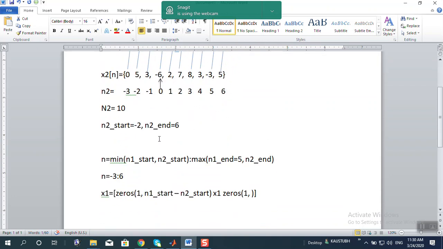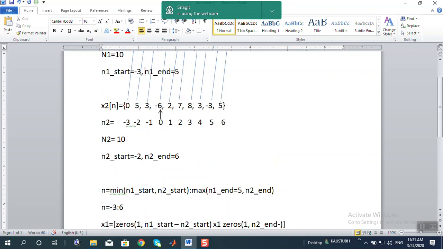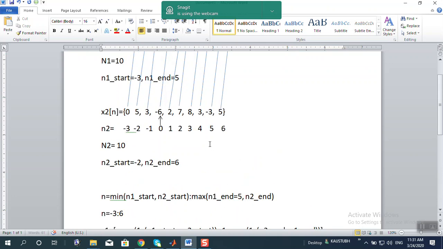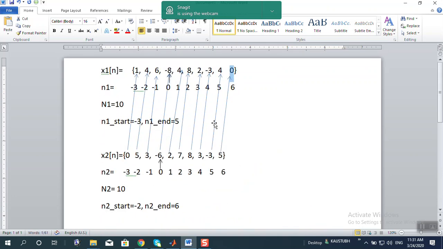So it will be n2 end minus n1 end, better put in brackets. So 1 zero will be put.